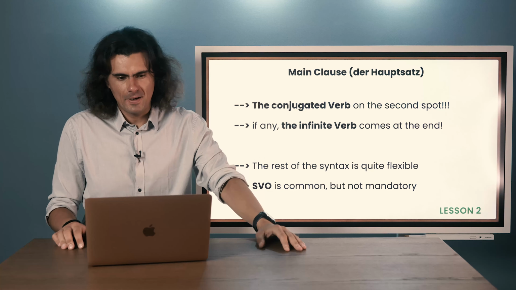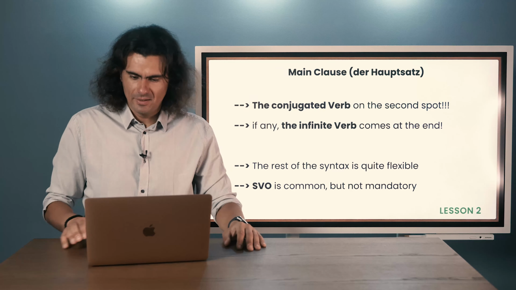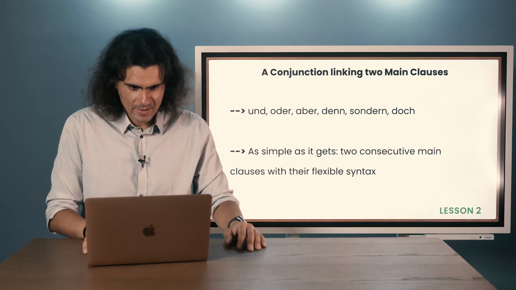We're going to deal with this aspect very extensively over the next lessons because it is the fundamental principle of the German syntax. And besides this, you have a very high amount of flexibility in how you can arrange the words or the particles in a German sentence.